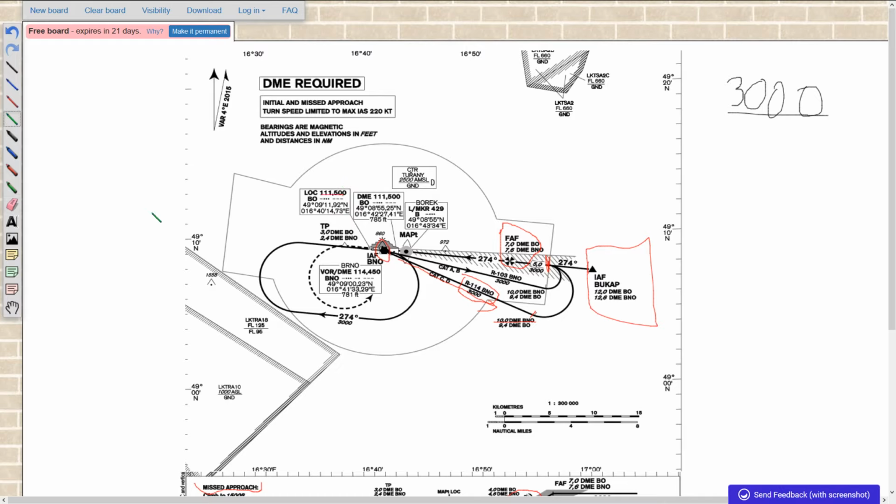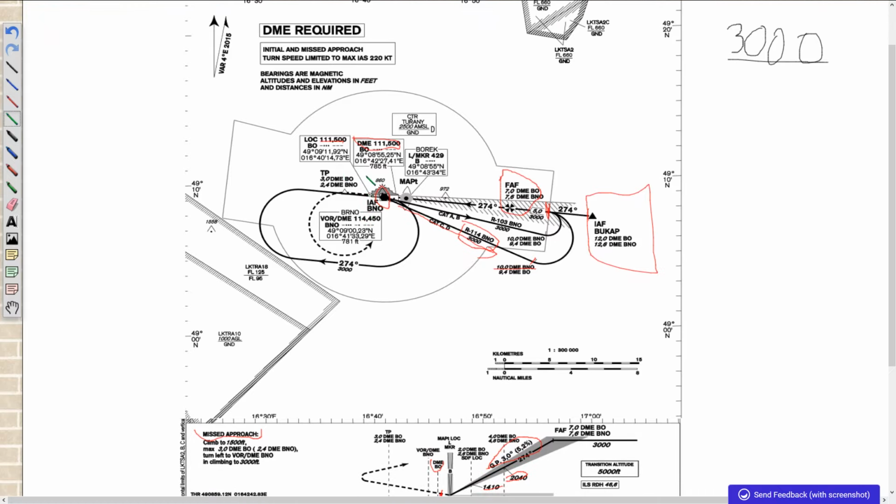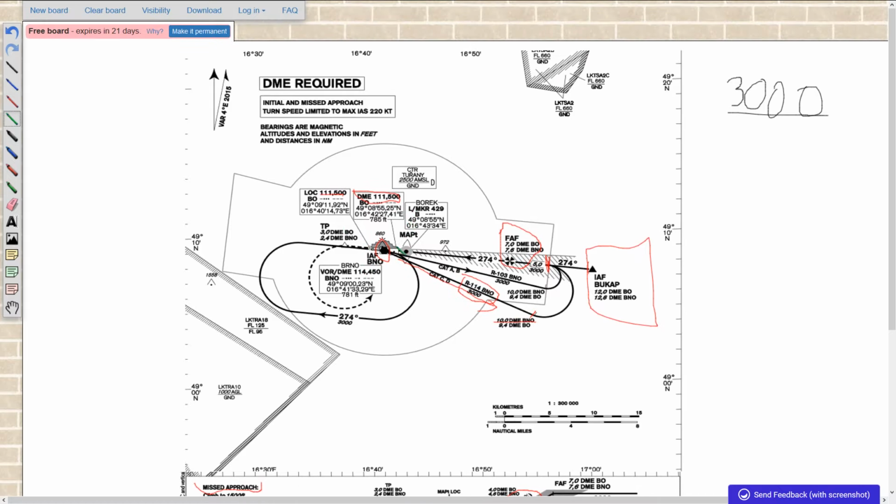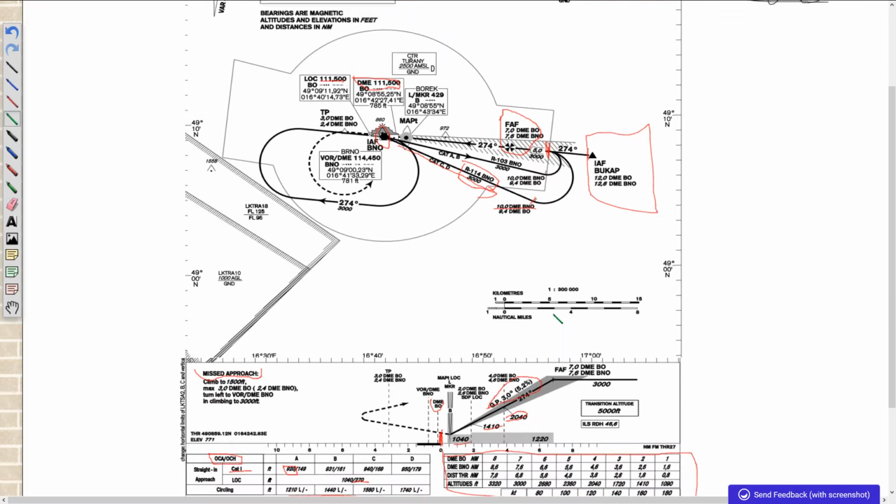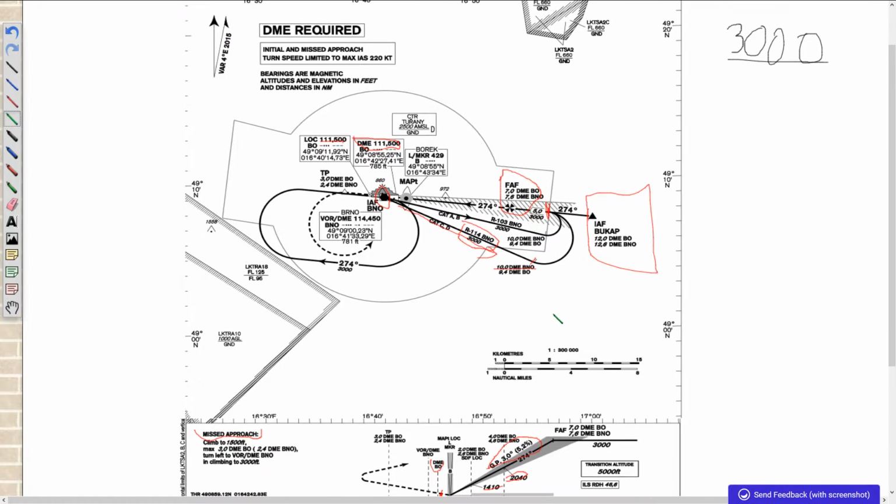And you need the location in order to find the starting point of the approach. Exactly, because these distances are written from these DMEs, so you also need the location, which is shown on this map.